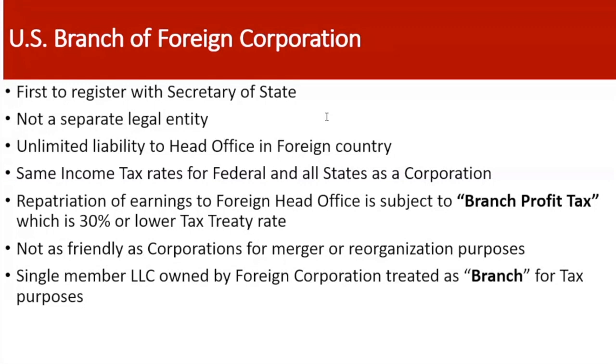So the head office in the foreign country has unlimited liability. For example, if a multinational company in the UK starts a branch here, and there is a very big legal battle and a big judgment against the branch, the defendant can go not only after the assets of the branch, but also to the head office in the UK and try to get the settlement.